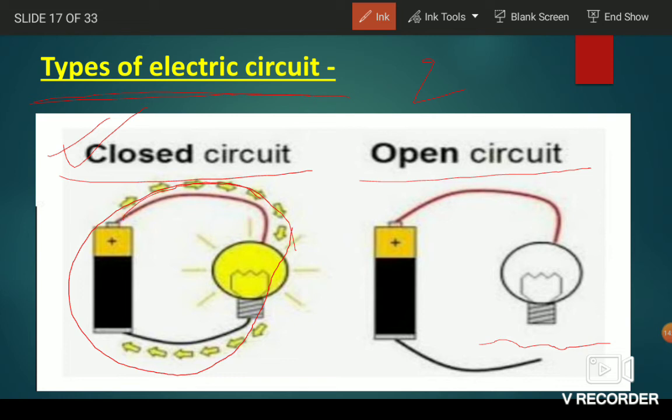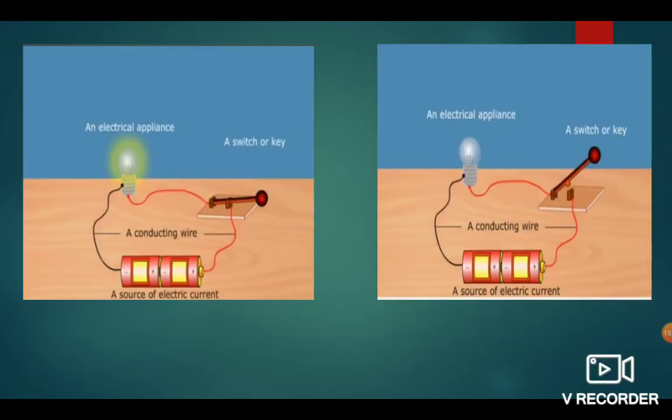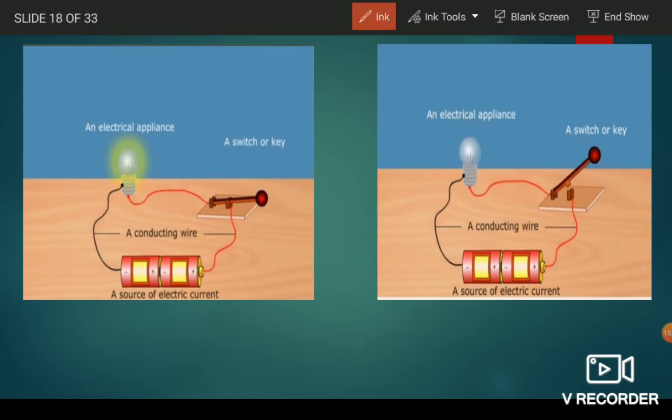Now this break may be of any kind. Either the wire may be broken, as you can see here the wire is broken, or the switch is at off position. Here in the first picture, the switch is at on position, and so the circuit is complete and the bulb is glowing.